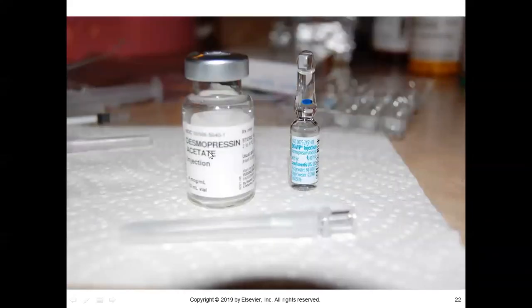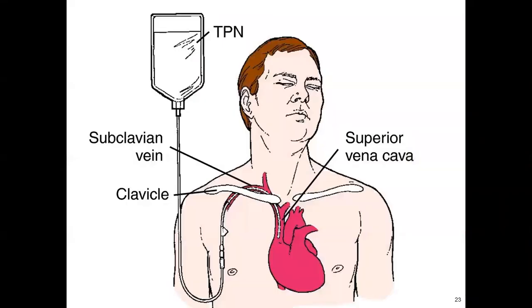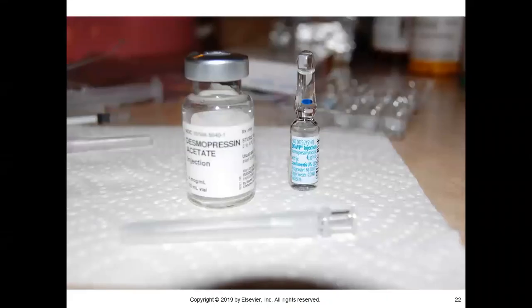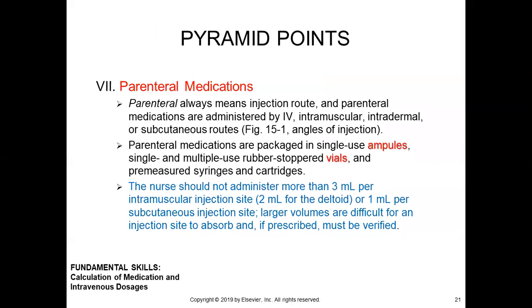Parenteral medications are packaged in a single dose, which we call an ampoule, or a rubber stopped vial. So this is the vial and this is the ampoule. Usually an ampoule contains solution, but a vial contains powder form, and before use, we make it liquid with a mixture of distilled water.